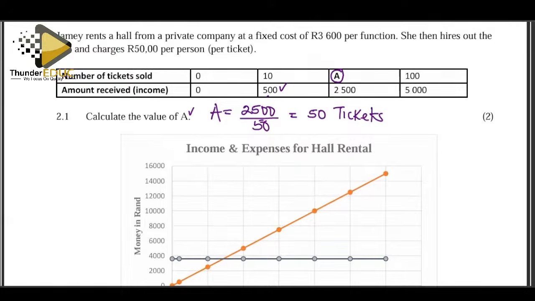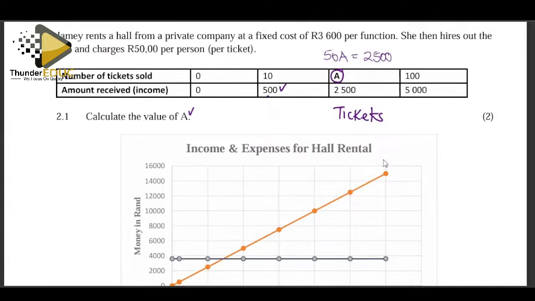All right. We look at the other question. Possible questions. Possible answers. Someone might ask us, why are we dividing? We are dividing because it comes from this formula here, which says 50 times the number of tickets gives me 2,500.